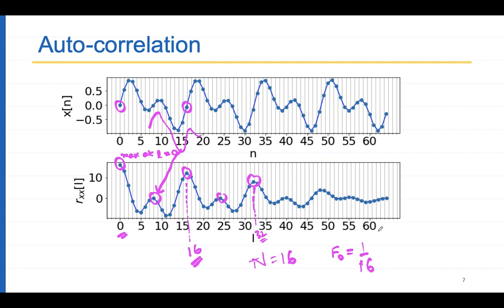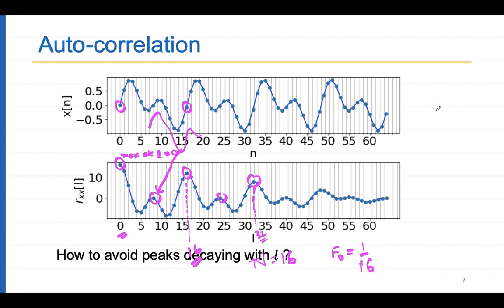Now the question is, why is this reducing in amplitude? Whenever it matches itself, why is it reducing? How to avoid the peaks decaying with L? It is reducing because the number of samples over which you are summing is reducing, right? Here you're just summing from this point to this point because you simply don't have other values available.